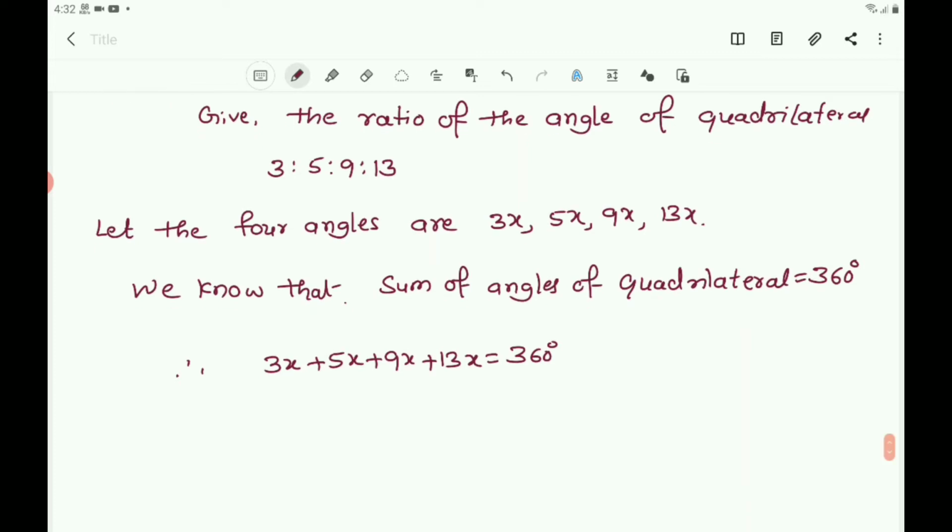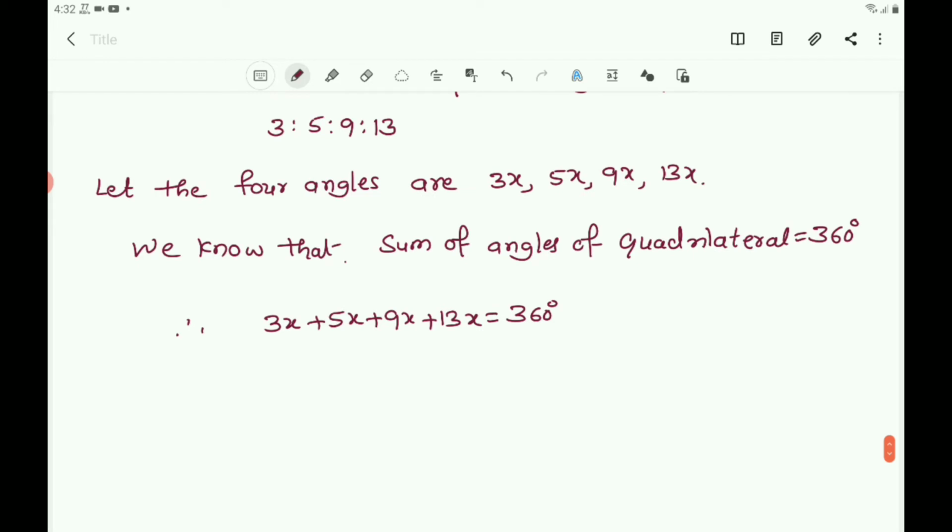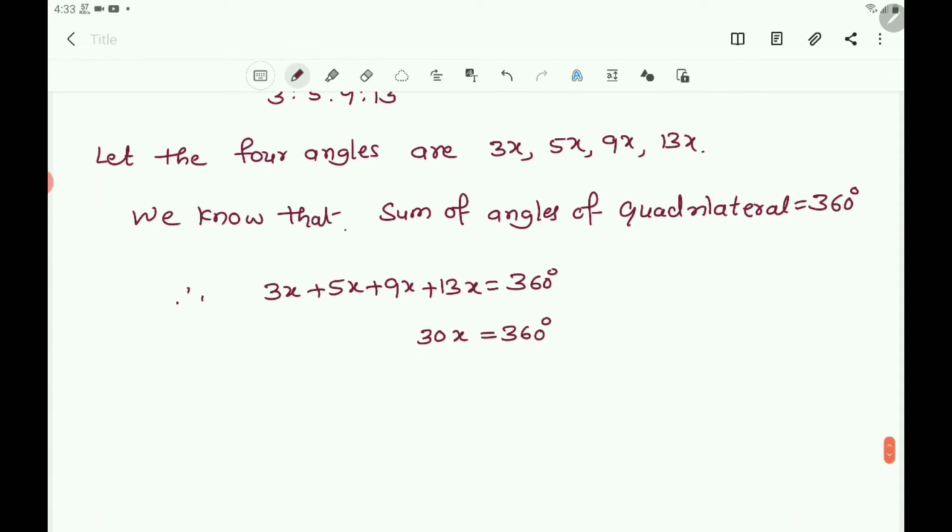Now what is the sum of 3x, 5x, 9x, 13x? 3 plus 5 is 8, 8 plus 9 is 17, 17 plus 13 is 30. So the sum is 30x, which equals 360 degrees. This implies x equals 360 degrees by 30, transferring 30 to the RHS.